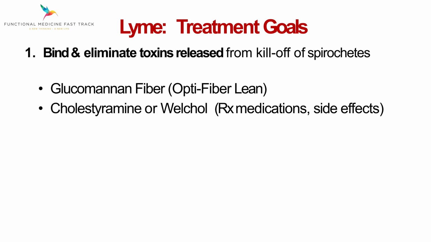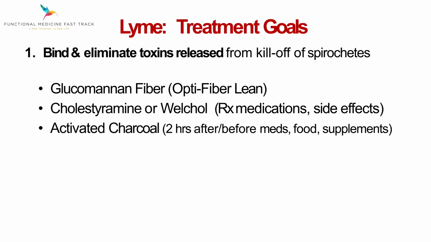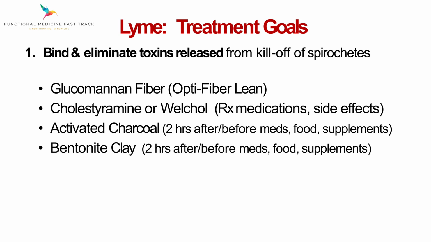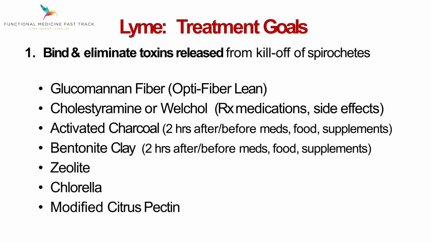However, you can use many others from your activated charcoals. Use those 2 hours after and before meds, foods, and supplements, so it doesn't bind at all. Use the bentonite clay, zeolite, chlorella, modified citrus pectin. So you've got all those different options to use to just bind and eliminate toxins.